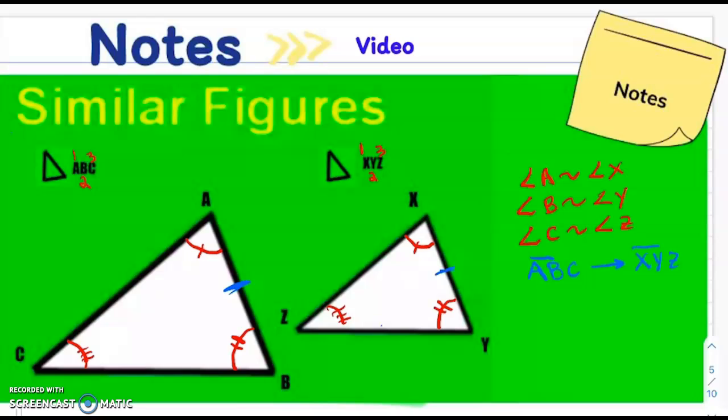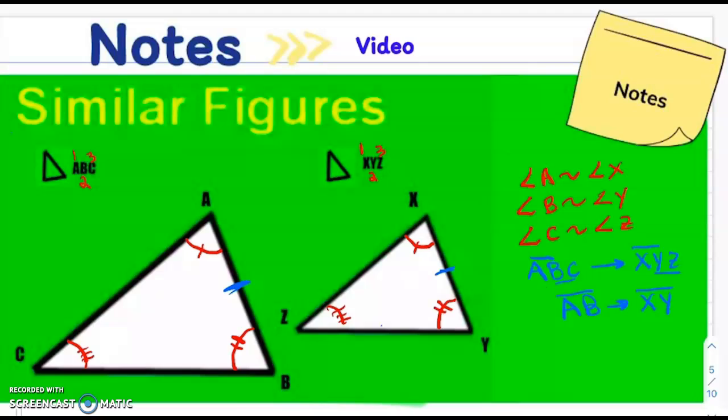As you notice, I am using my label and the order in which they're labeled to identify my sides. So therefore, I know that AB corresponds to XY. Next is BC, and that corresponds to YZ.